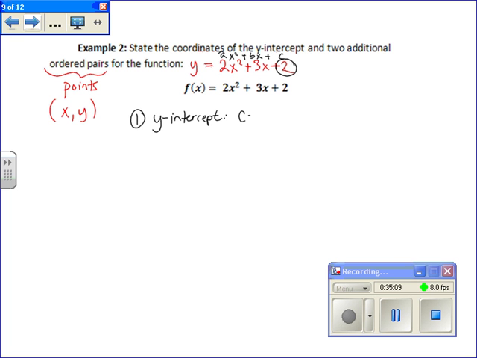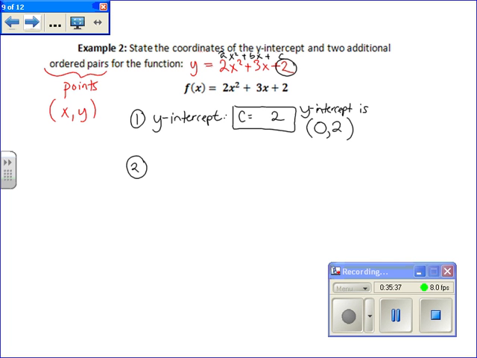So c is equal to 2. So there is my y-intercept. If I wanted to write that as a point, I can write that. That's the point 0 for x, because remember, it's right on the y-axis, and 2 for y. There's my point.